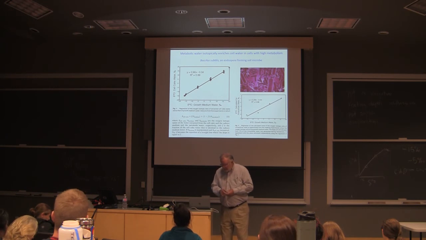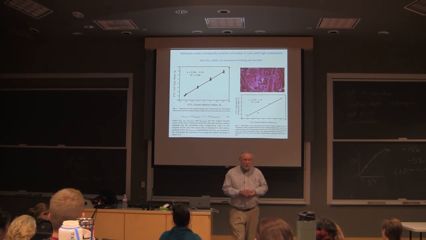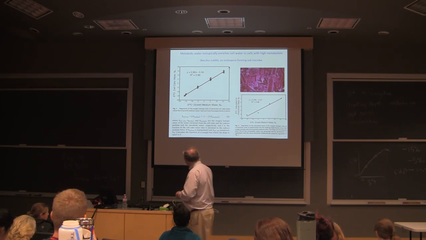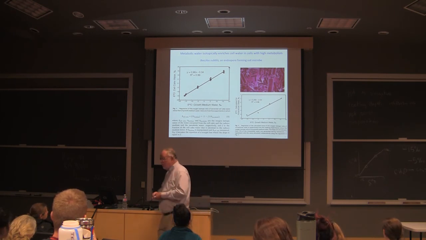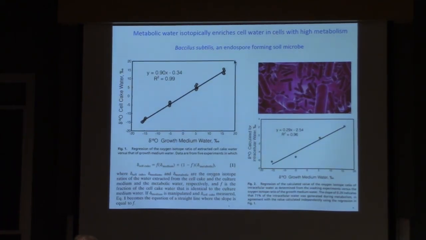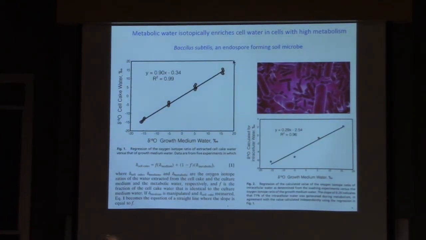So what I do want to say is that we can grow microbes. When Helen was in the lab, we used to grow a lot of Bacillus cellulosilyticus, which is an endospore former. It's a soil microbe. It's not toxic. And we would grow them in a certain media. And then we would get cake solutions, which is basically we would take the microbe out of its matrix, and we would measure the isotopic composition of the microbe.